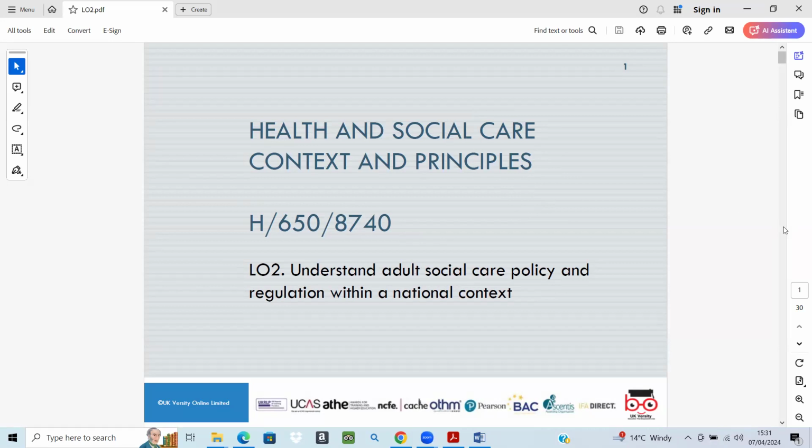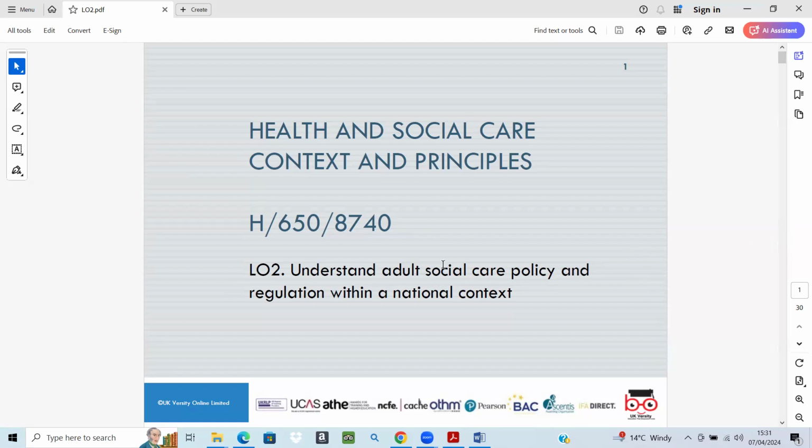What we have to do today is the unit Health and Social Care Context and Principles, and this is learning outcome 2, which is to understand adult social care policy and regulation within a national context. We have a few important things to cover in that.